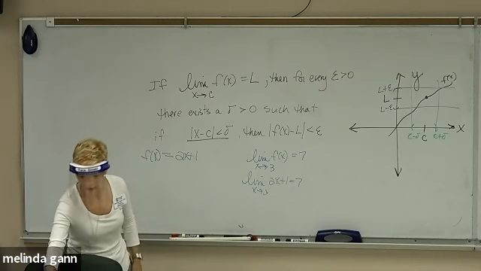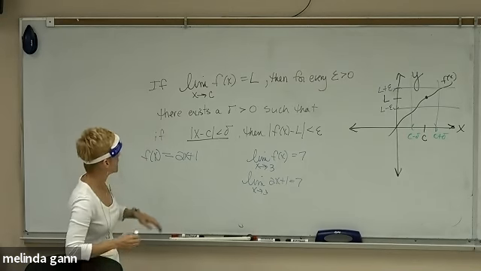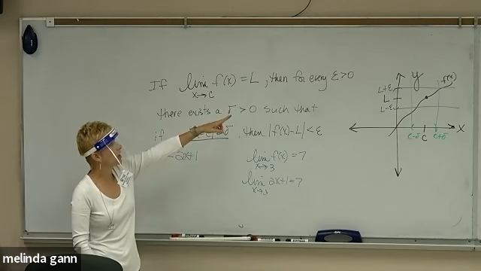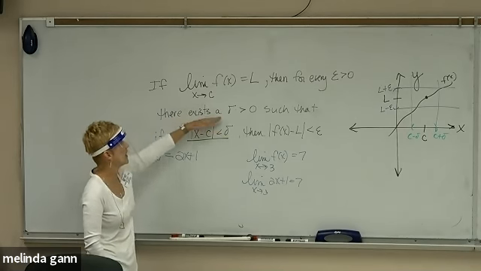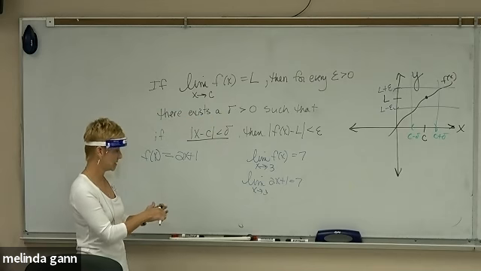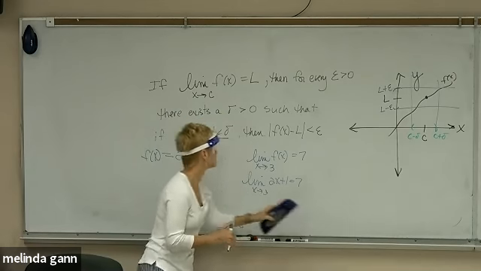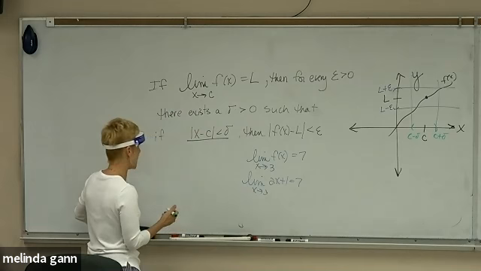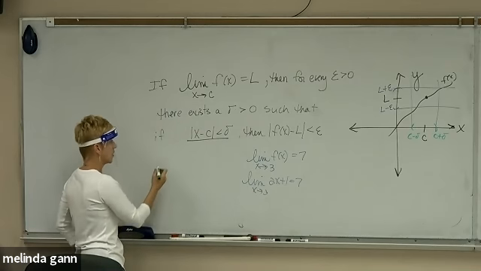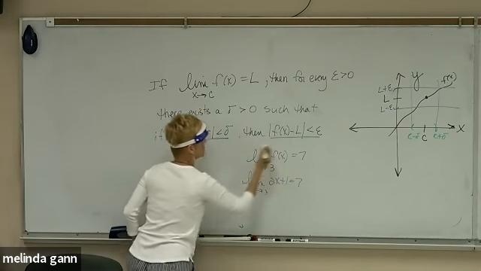Well, here's what has to happen. Now look what it says. For every epsilon greater than 0, you've got to be able to find a delta. Now, what does that mean? Let's go back to what we said.